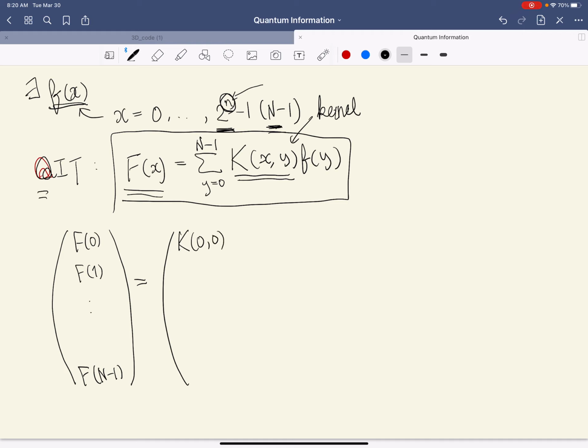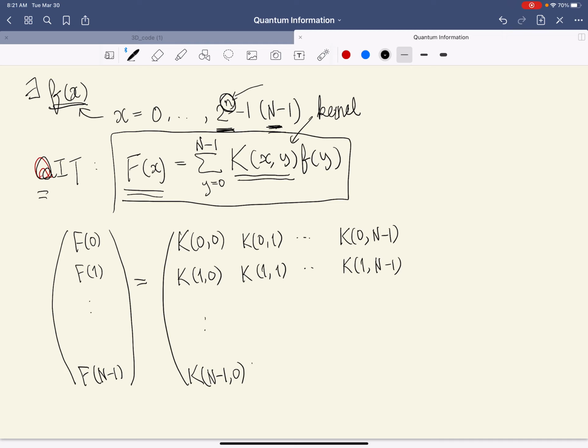So K00, K01, K0 n minus 1, K10, K11, all the way up to K1 n minus 1. And I'm going to show you what the final row would look like: K n minus 1 0, K n minus 1 1, all the way up to K n minus 1 n minus 1.